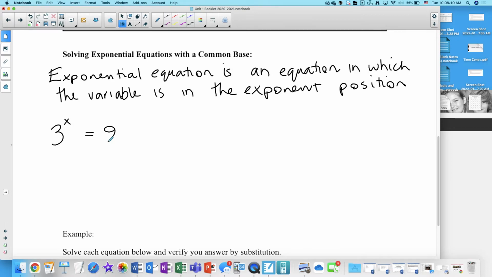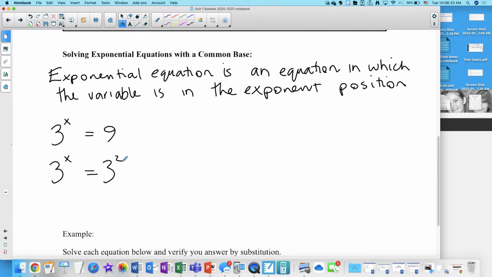And then what would the exponent be? Okay, so really what's going on here is I'm going 3 to the x equals 3 squared. 9 is equal to 3 squared. Yes? Yes.